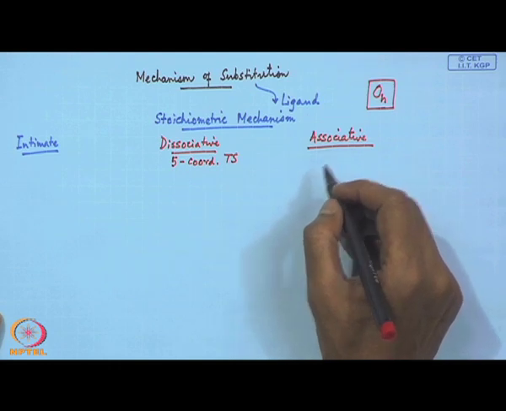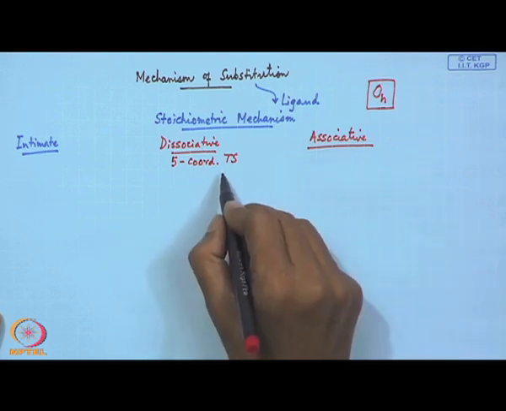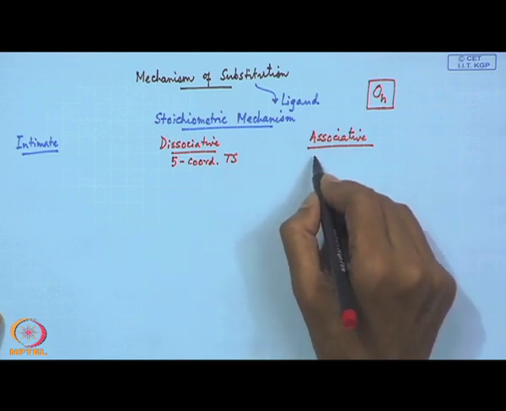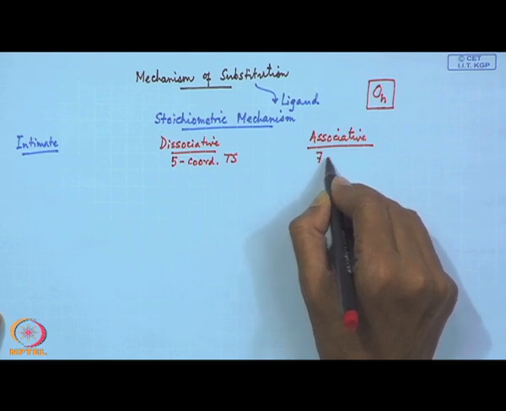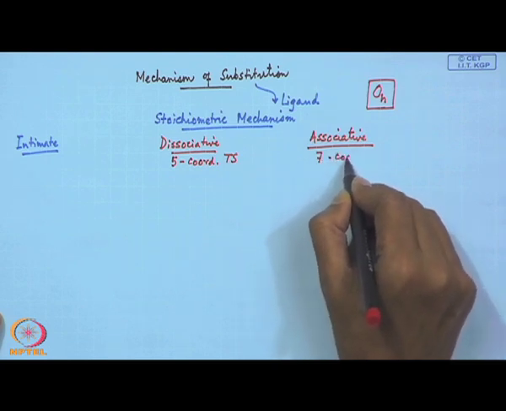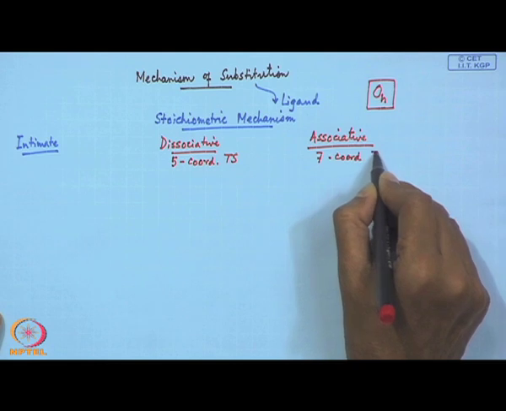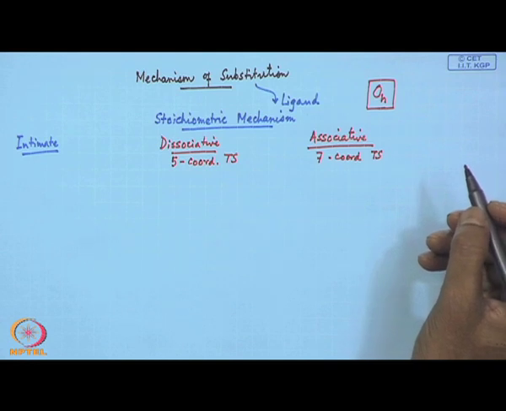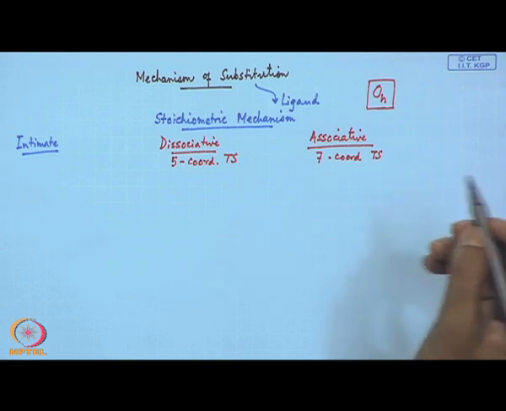So, for the associative reaction in the similar way we can have 7 coordinated transition state for the octahedral reactants, that means some ligand is reacting with the octahedral metal center.